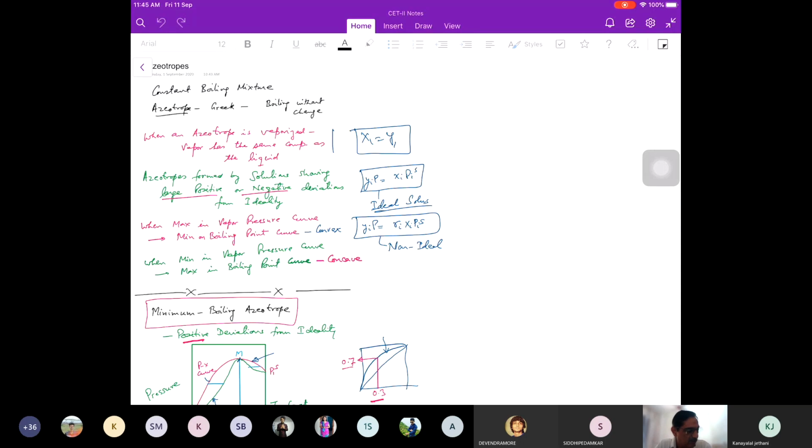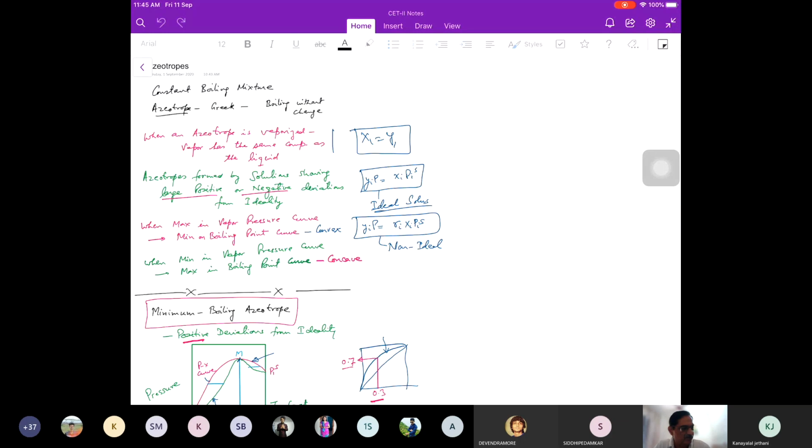So in VLE, normally the vapor composition is more than the liquid composition for the lower boiling component. The more volatile component has more composition in the vapor. And that is the principle which is used in distillation, because if I take the vapor which is in equilibrium with the liquid and condense it, I have shown that example before.